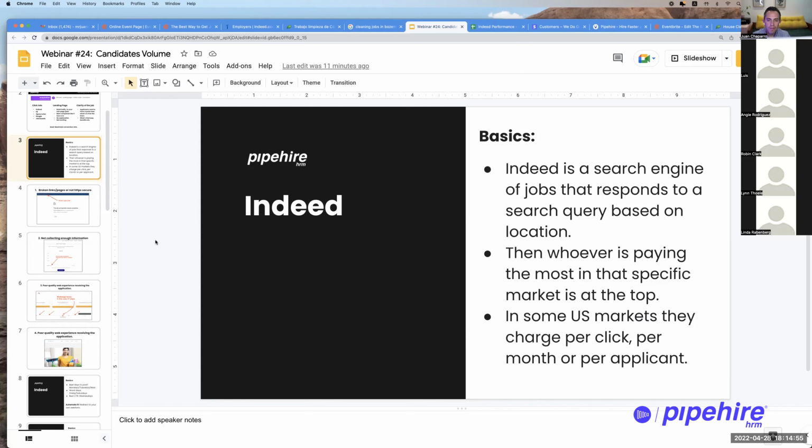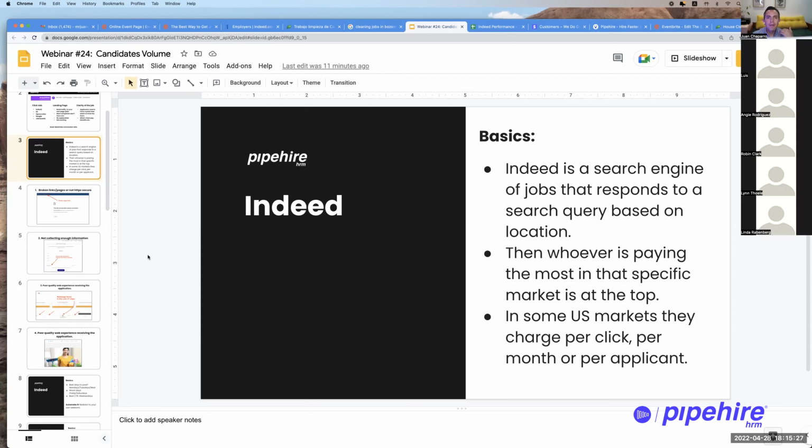The first thing we have to understand is that Indeed is a search engine of jobs and responds to a search query based on location. So when you enter Indeed and you look for house cleaning jobs in your city, whoever has the best description and the content within the description of the job is the one that starts to show up on top.